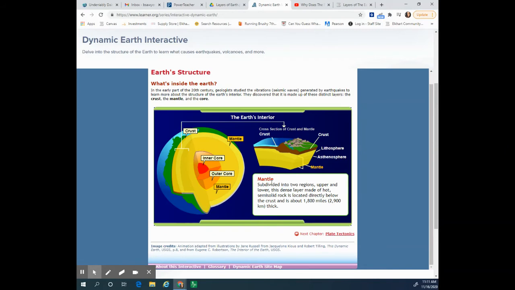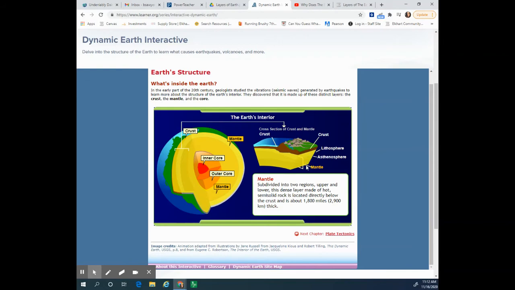The mantle is subdivided into 2 regions, upper and lower. This dense layer, made of hot semi-solid rock, is located directly beneath the crust and is about 1,800 miles thick.